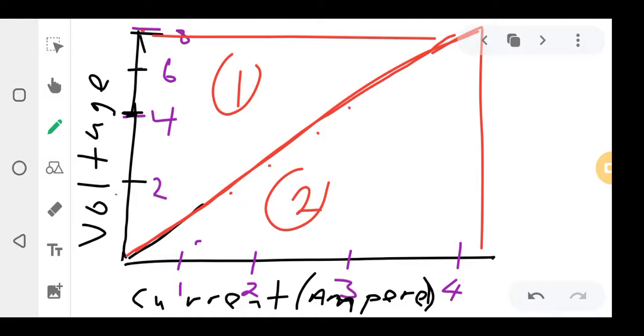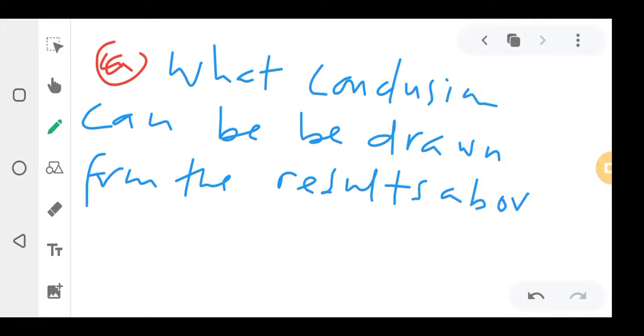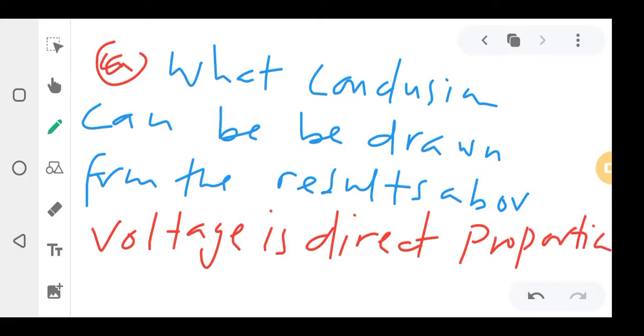So current is changing, also voltage is changing, because this line is a straight line. So it means voltage is direct proportion to current. That's the conclusion. Whenever there is a straight line like that, the conclusion is voltage is direct proportion to current.